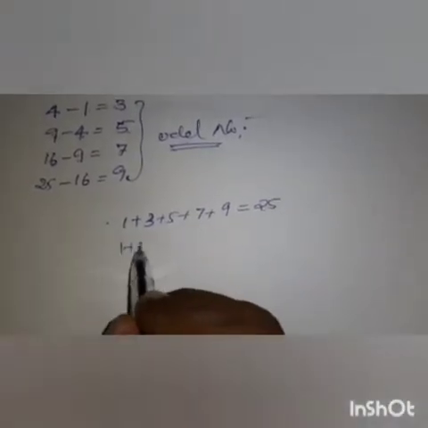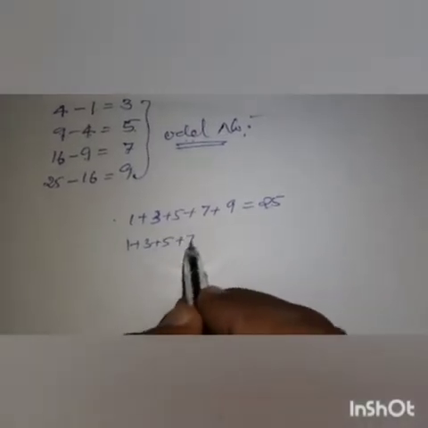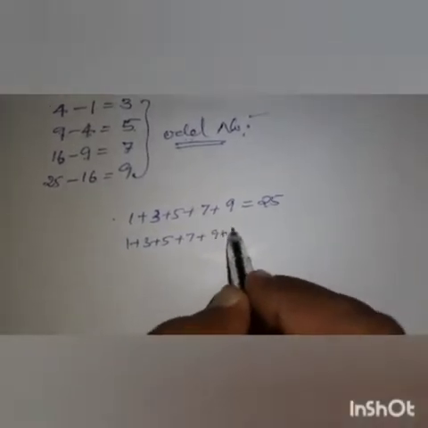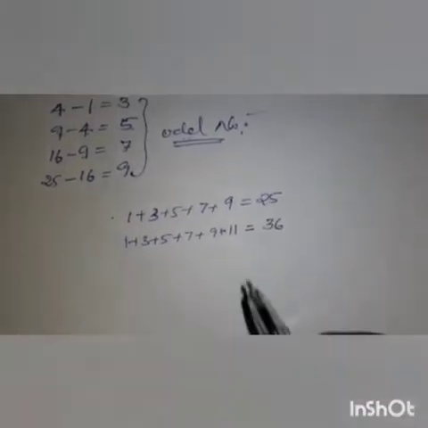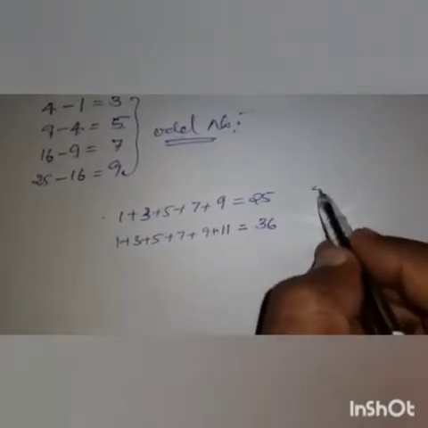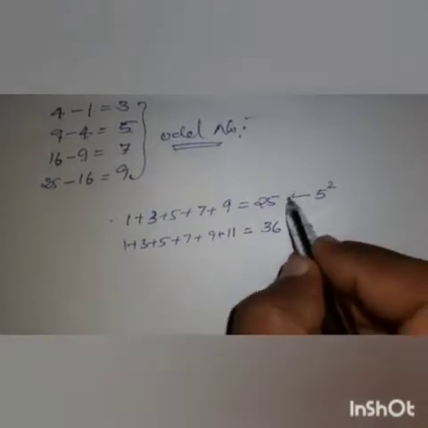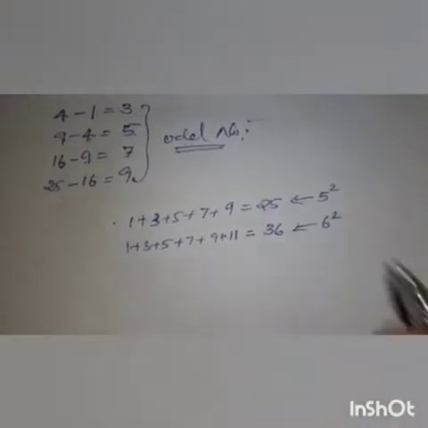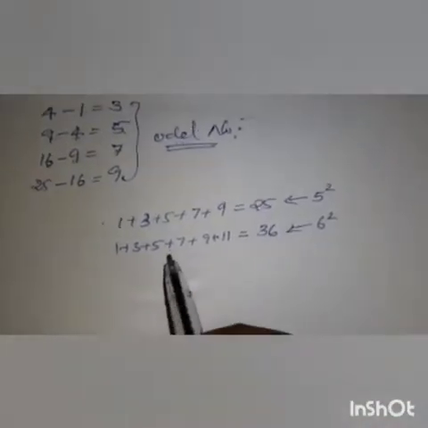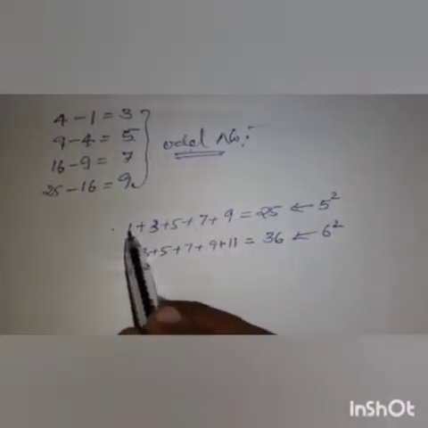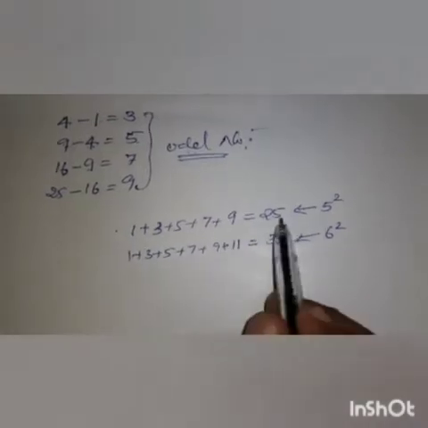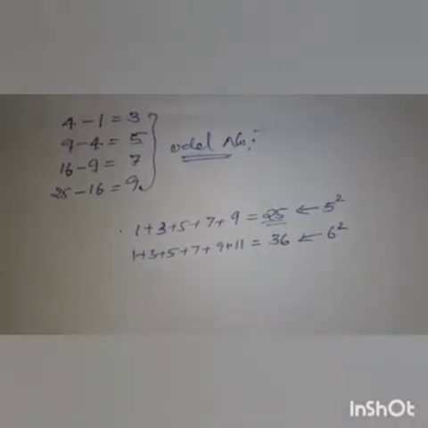Then 1 plus 3 plus 5 plus 7 plus 9 plus 11, you are getting 36. So this is the square of 5. This is the square of 6. So if we add consecutive odd numbers starting from 1, we get the perfect squares.